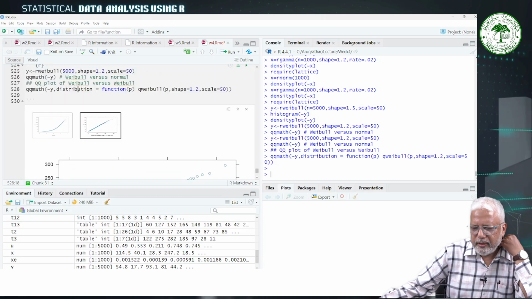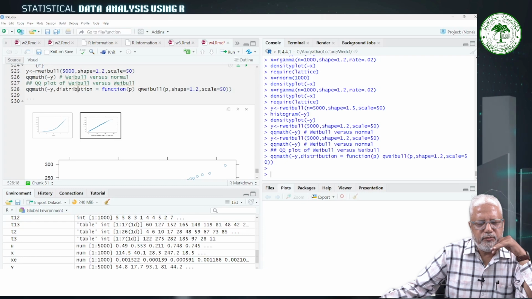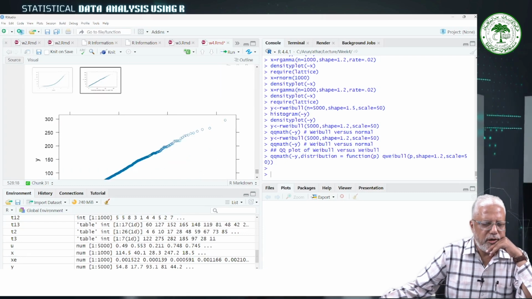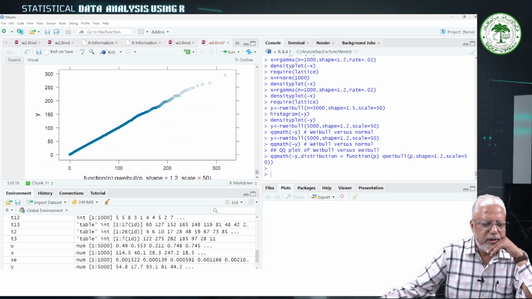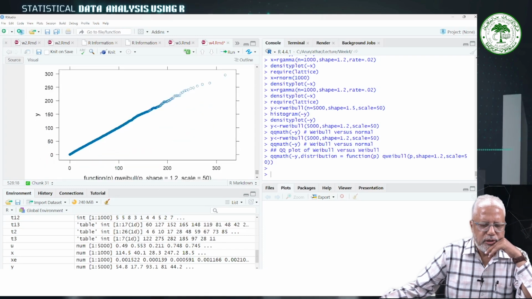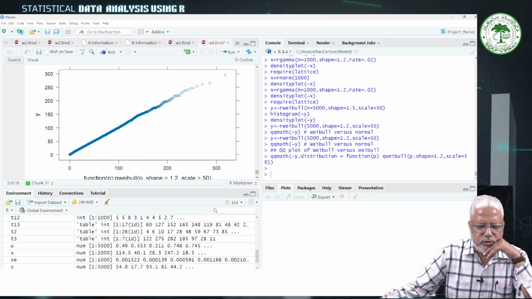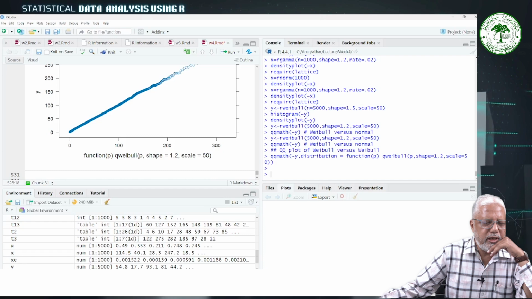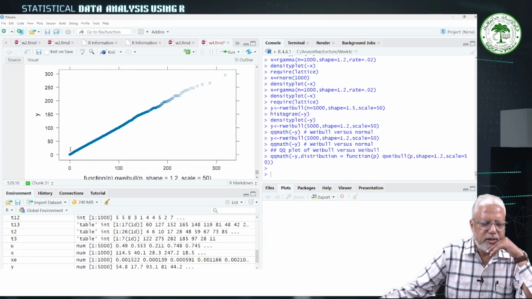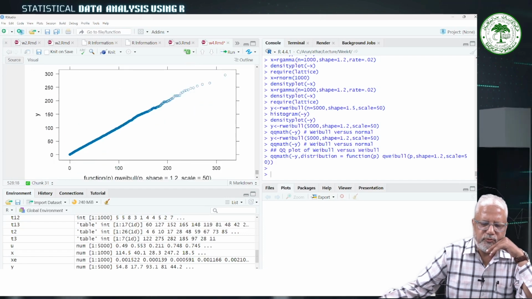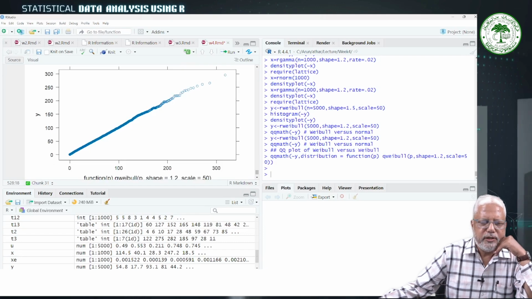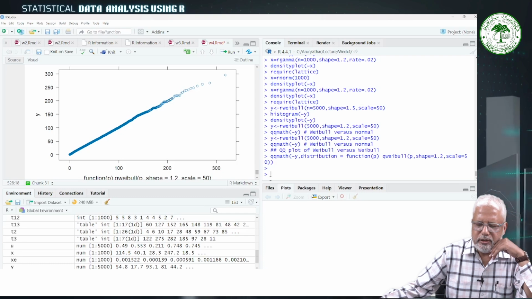That means if we have the same distribution on the y axis, the simulated data is also from Weibull, so y equal to x is satisfied. And there are some very powerful functions in qqmath.